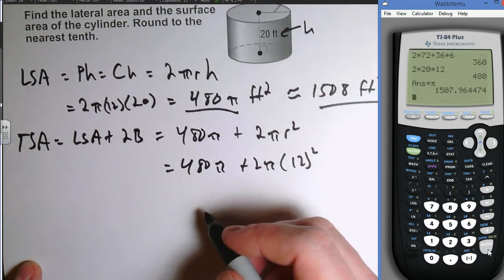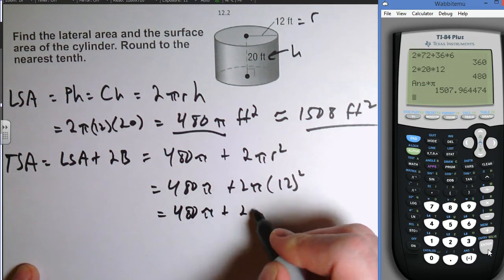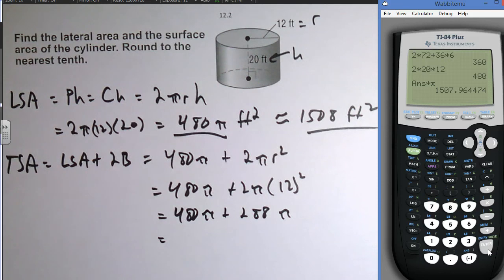Well, that ends up being then for us 288 pi, which 480 plus 288, I don't need to do in my head.